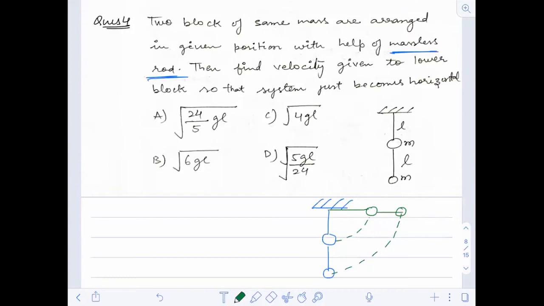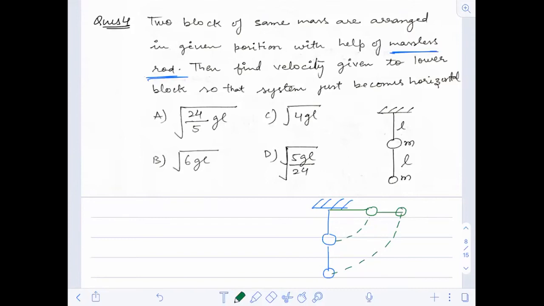Okay. You don't have to do very much in this. I got one answer, B. I have option B.